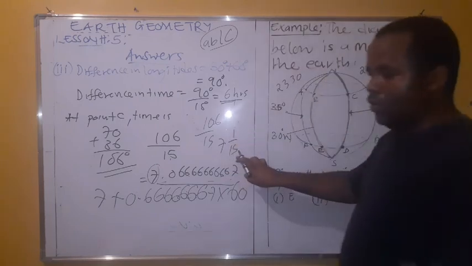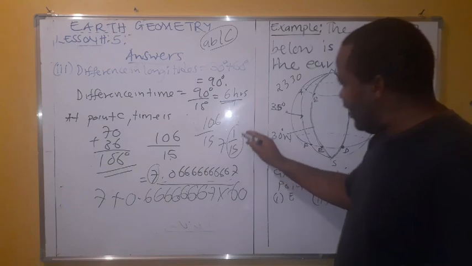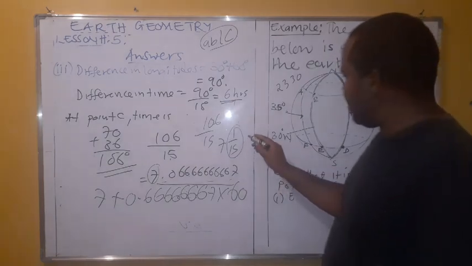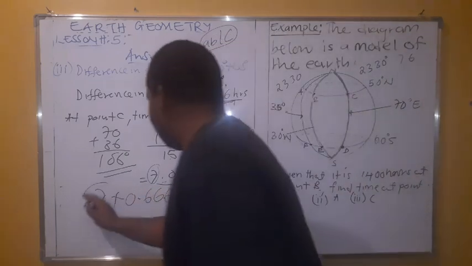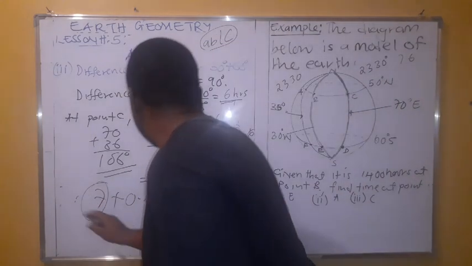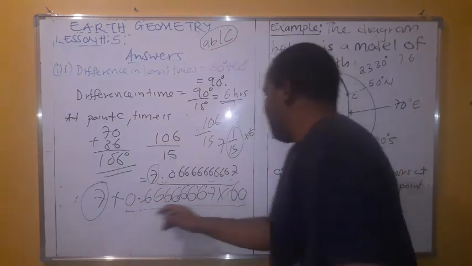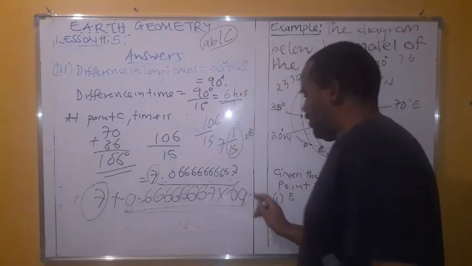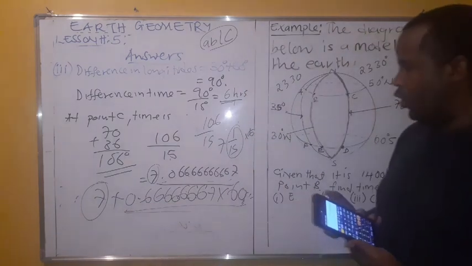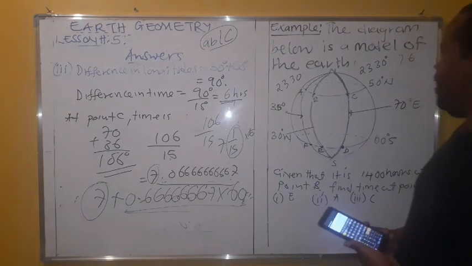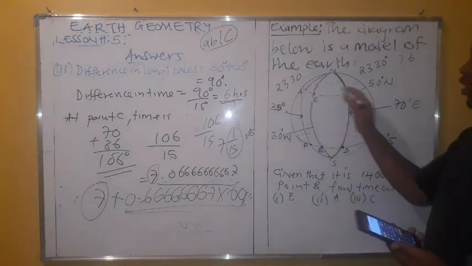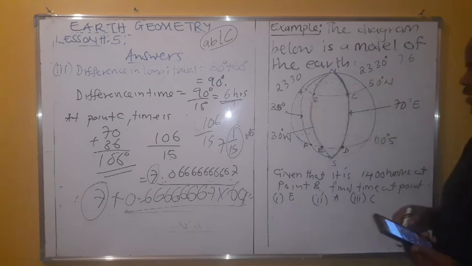Then you can convert this part to minutes by multiplying by 60. Even when you divide directly, the part that is here represents hours, then the rest are minutes. So you multiply those by 60. That will be your time there. That's the difference in time. Then, depending on the position, you can either add or subtract.